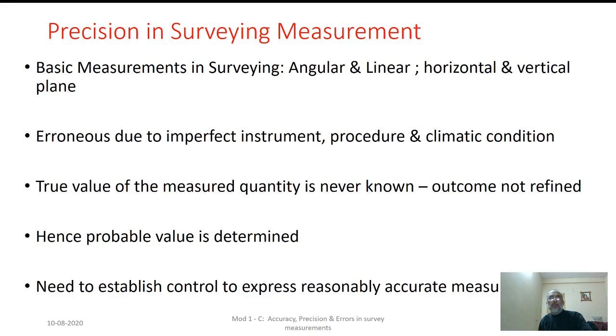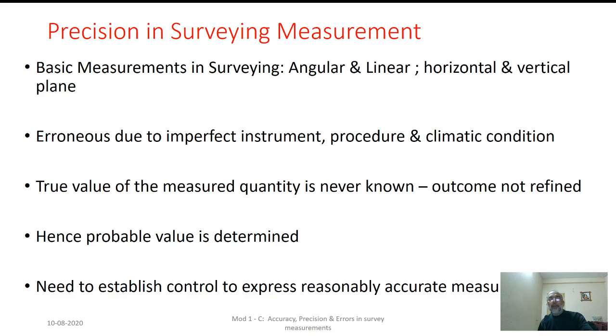But each of these measurements is erroneous due to some imperfect instrument that we use, limitation of the procedure that we adopt, or, unknowingly, even the climatic conditions may interfere with the working conditions, and hence errors get involved.